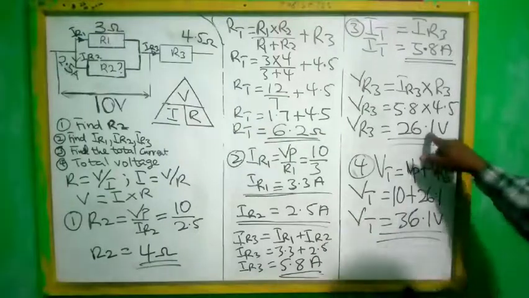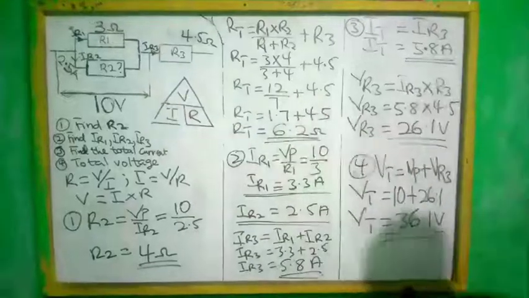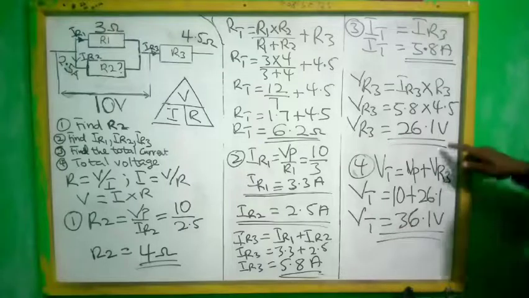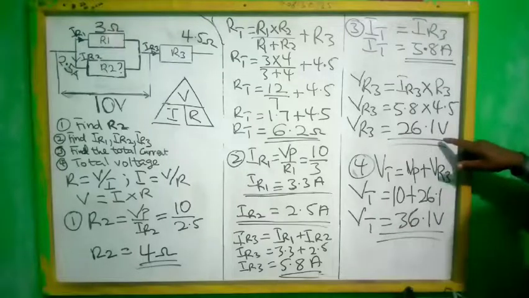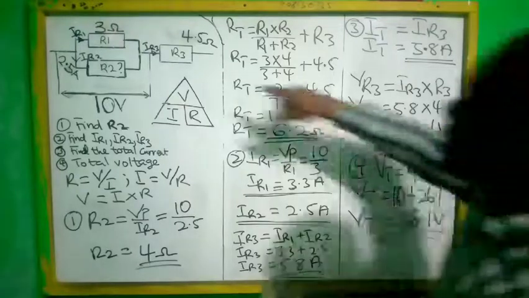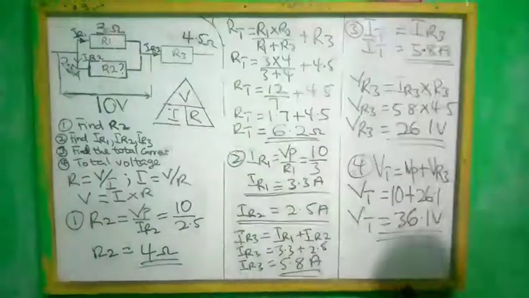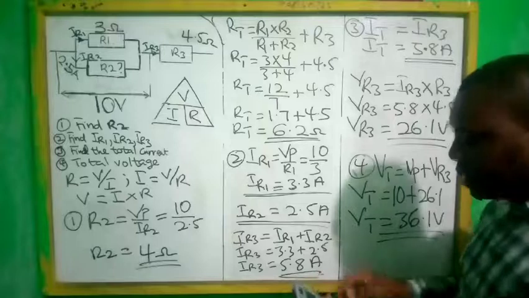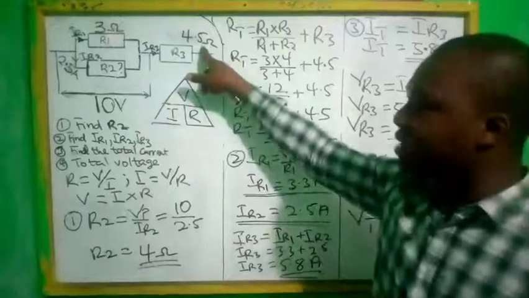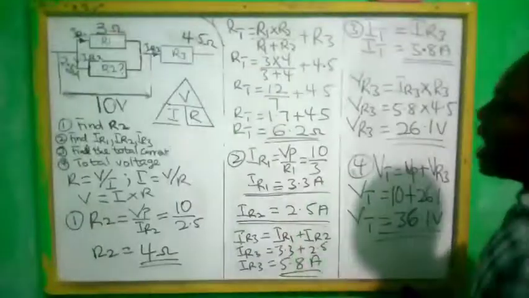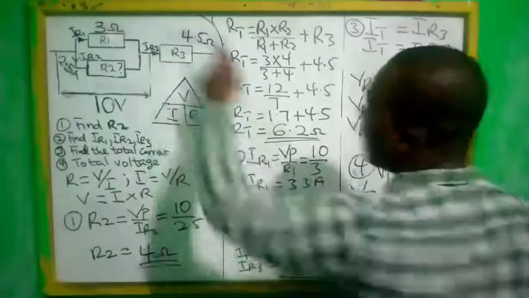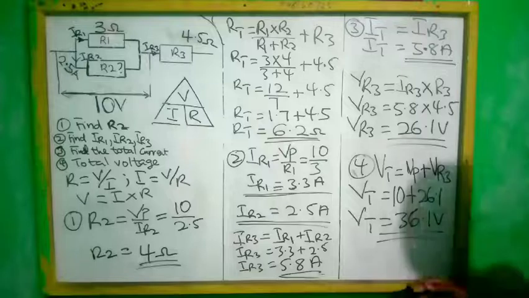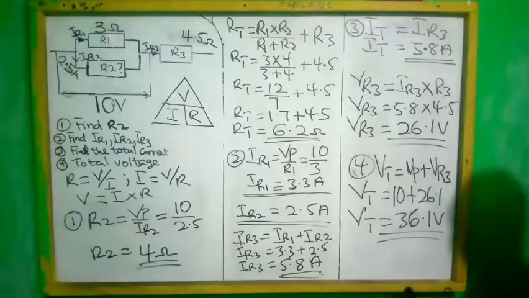Let's use 26.1 divided by the current in R3, which is 5.8. Yes, we have 4.5 ohms. And when you multiply 4.5 by the current, 5.8, you have 26.1. So that is it.